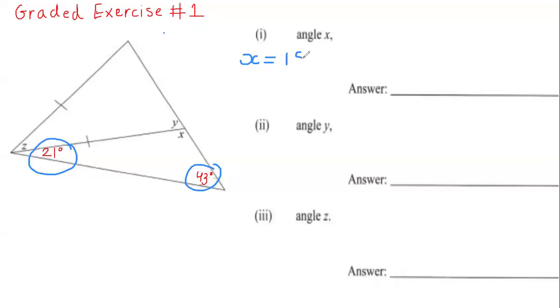But we have to subtract it from what? 180. So 180 minus 64 is what? 116 degrees. Anyone got that? 116 degrees. If you got that, then you're a genius. Very good.